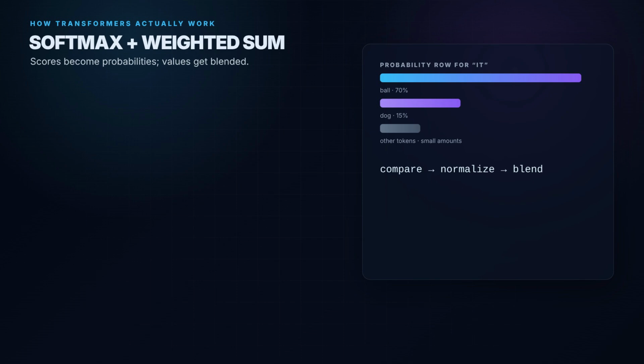High attention tokens contribute more, low attention tokens contribute less. So the output for it becomes a new vector that still represents it, but now carries context from ball. The token has absorbed information from the sentence. That is self-attention. Compare, normalize, blend.